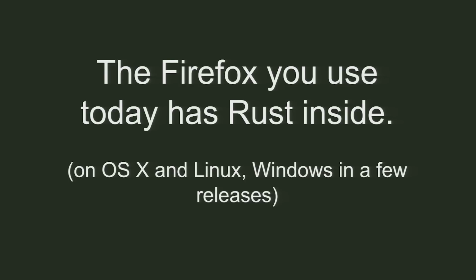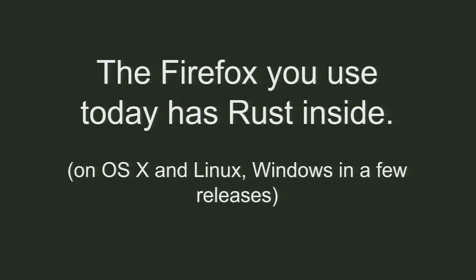Windows is going to happen in a couple releases. There are some things, whatever, this is not a talk about the internals of Firefox. But the point is that we're taking this two-pronged approach. One is where we take components out of Servo and put them into Firefox directly. So one of the patches that has not landed yet, but we're hoping to land relatively soon, is to replace the URL bar and all of its parsing and stuff that it does with Rust code.